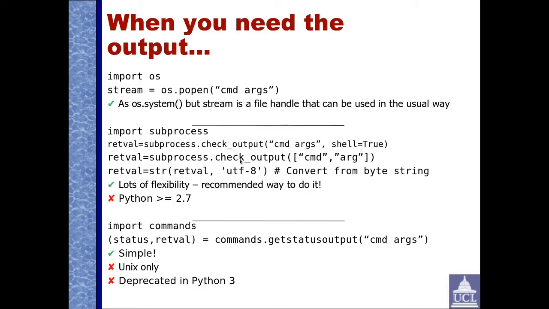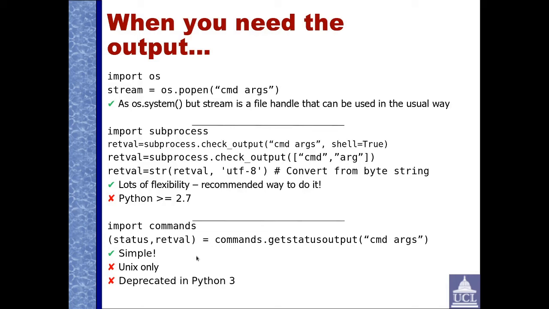Now we have to convert from a byte string into standard text, which we do using this str command, and this provides us again with lots of flexibility. It's the recommended way to do it, but it's only supported in versions of Python greater than 2.7. Now that's not really a problem for you since you're all learning to use version 3 of Python, but it's just something to be aware of.